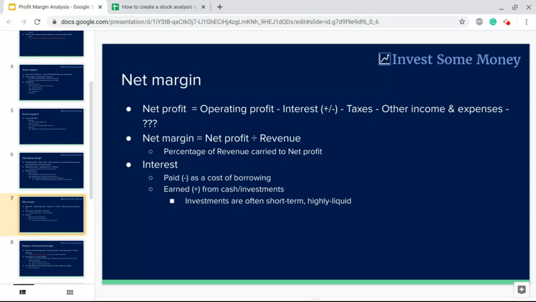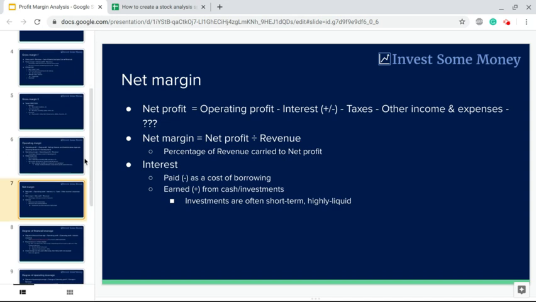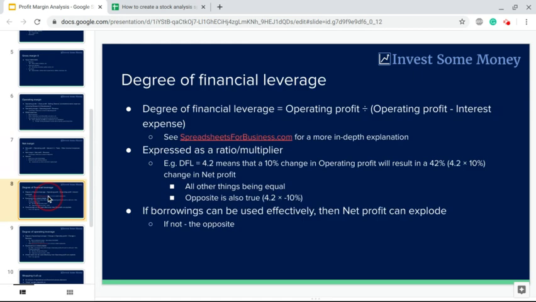And then, like I said, just to touch a little more on interest, there will be a net effective interest: the amount that was paid as a cost of borrowing, or the amount that was earned from cash and investments. Typically when a company makes investments, again, exceptions to every rule, it's going to be in something short term and highly liquid: Treasury bills, commercial paper, things like that.